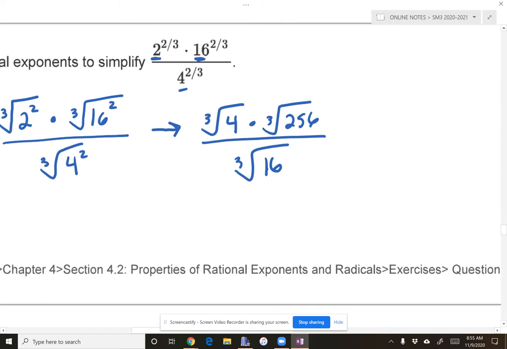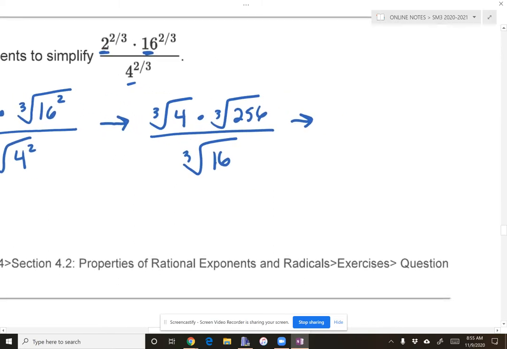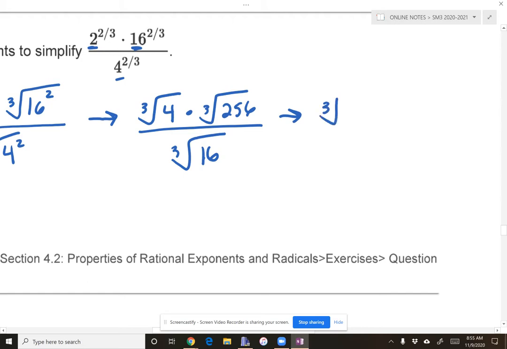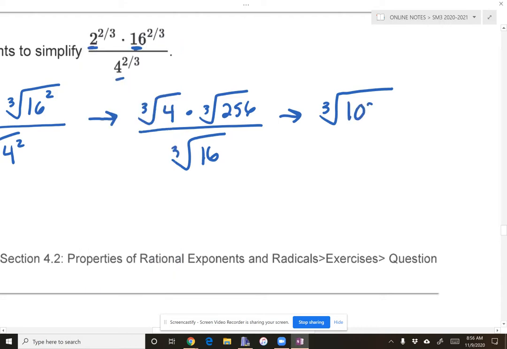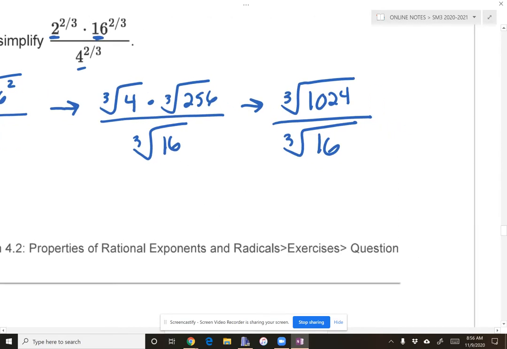And I'm going to focus on the top, and on the top, I multiply the insides. So I get 256 times 4, which is 1024, over the cube root of 16. Well, here's the cool thing, okay?